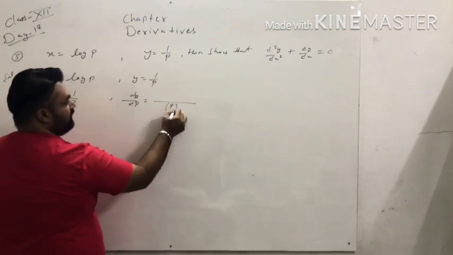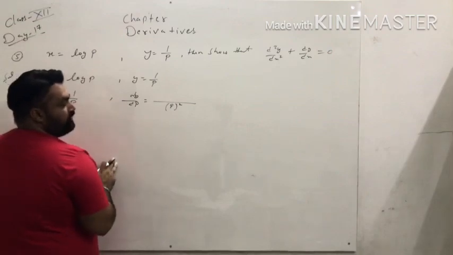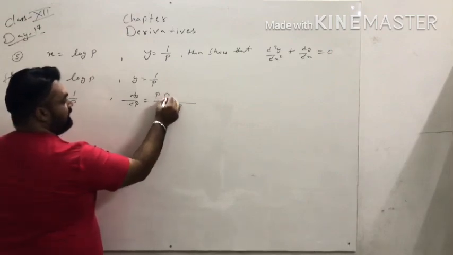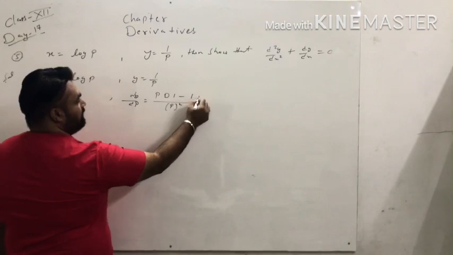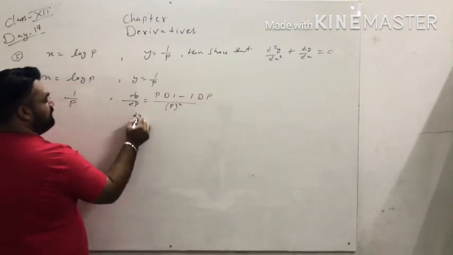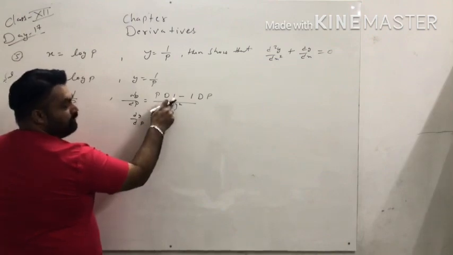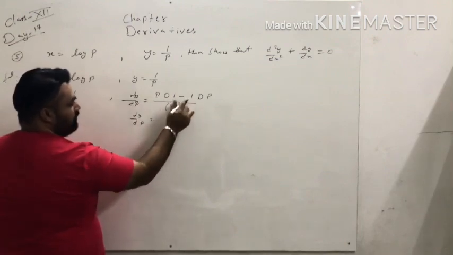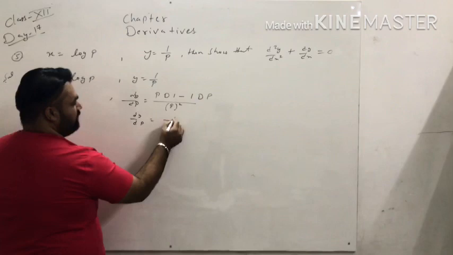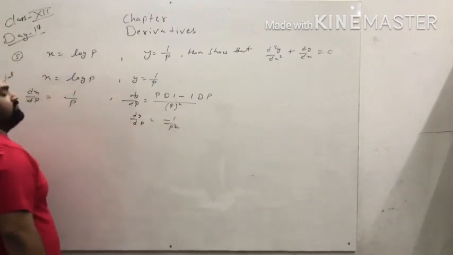Quotient rule is the square of denominator, p derivative 1 minus 1 derivative p. So dy upon dp equals to the derivative of 1 is 0, 0 multiplied p is 0. So minus the derivative of p is 1. So this is the answer.